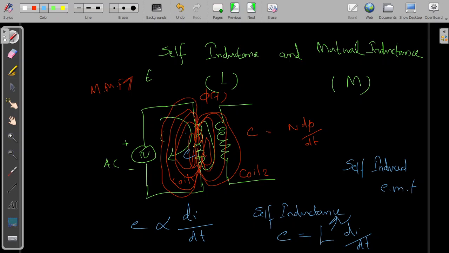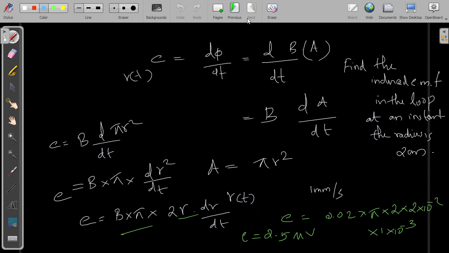The SI unit of self-inductance, or simply inductance, is Henry.